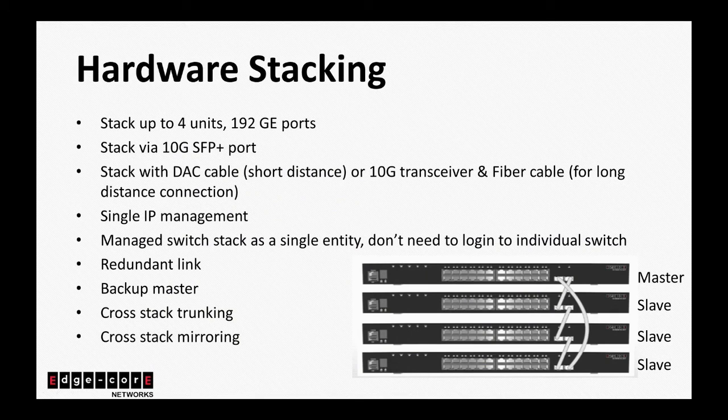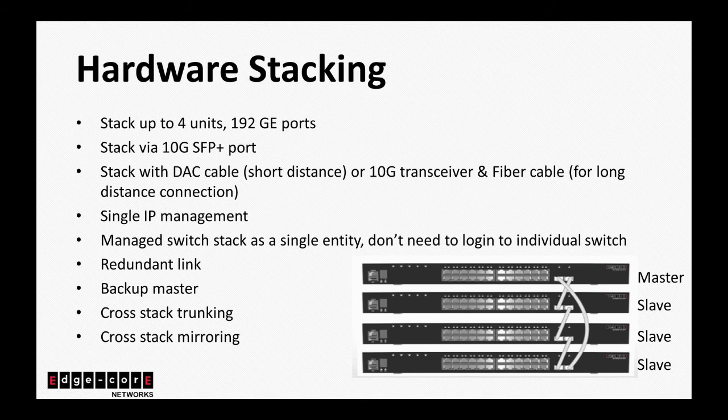So for the enterprise switch, we support this advanced function. We call it the hardware stacking. So you can stack up to 4 units of a switch with single IP management, okay? When you stack up to 4 units, that means you can increase your port number up to 192.